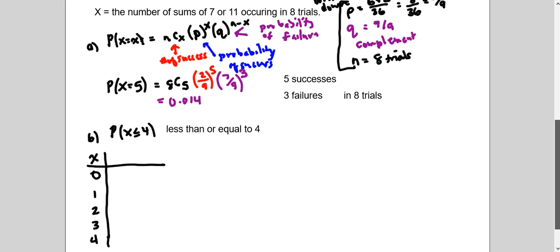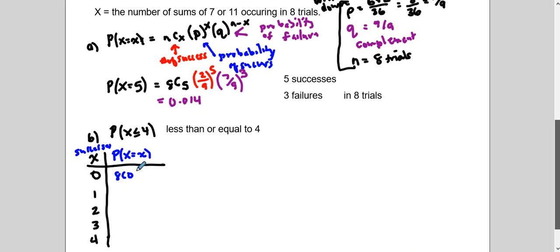All right, and I'm going to do the first couple in different colors to show you the differences in the scenarios. So if I'm looking at that, the first part is I'm going to have 8 choose 0. So this is the number of successes that I'm looking at.